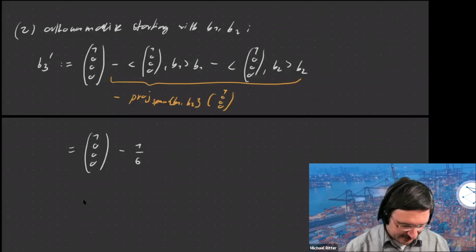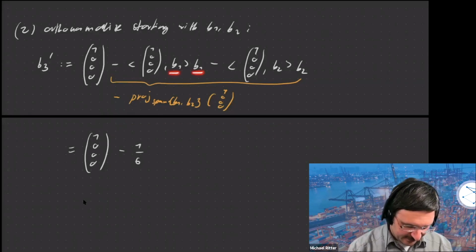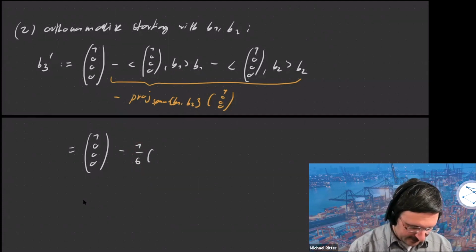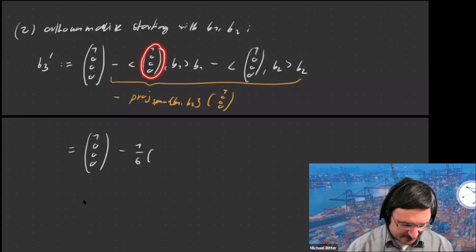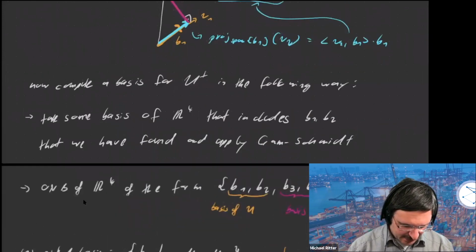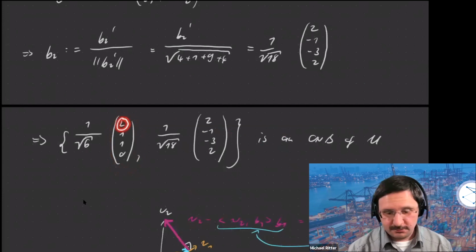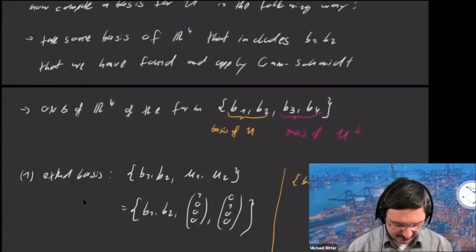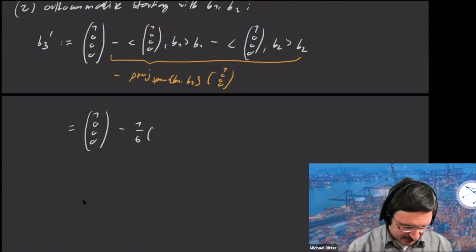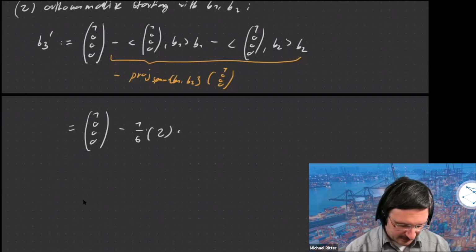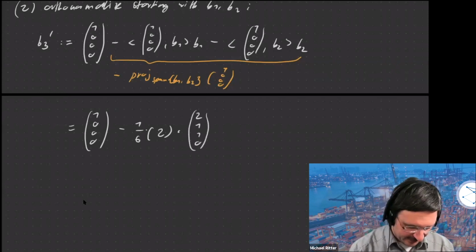So I have that once here and once here. So I get 1 over 6 times. Now there's the scalar product of this vector and this vector here. That's simply 2, right? So this times 2 times, and now the vector b1, 2, 1, 1, 0 without normalization because I have that here already.